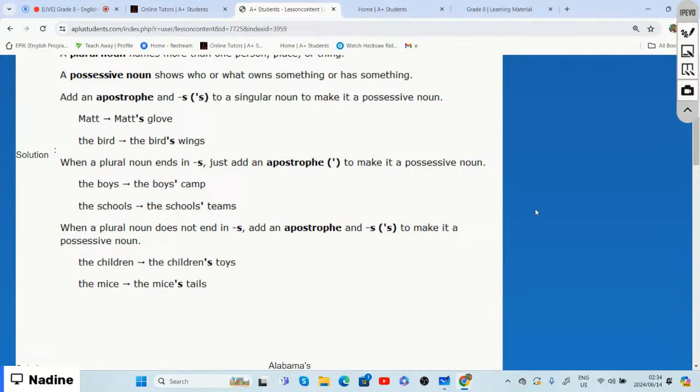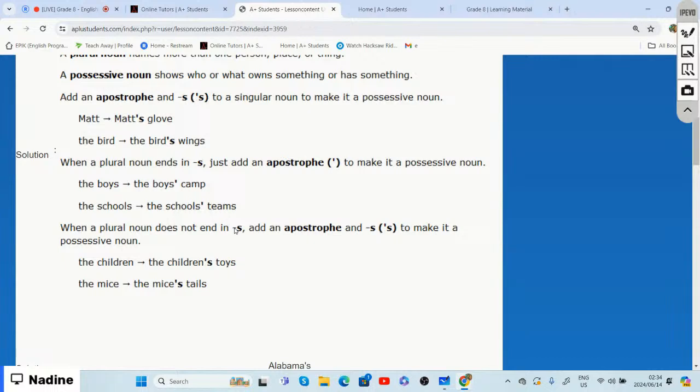All right. So remember, when we use an apostrophe, we either use an apostrophe and an S for something that is singular, or something that is plural but does not end with an S. If your subject is plural and it ends with an S, like for example boys, girls, then you only add an apostrophe.